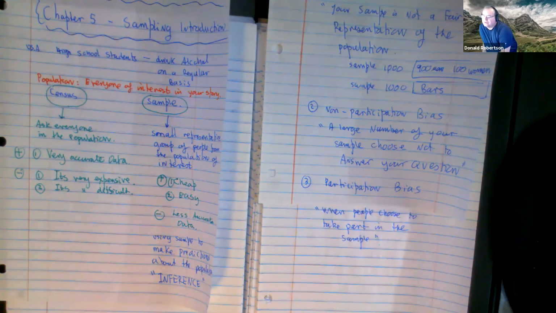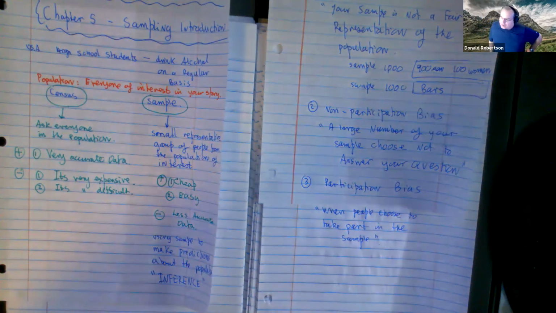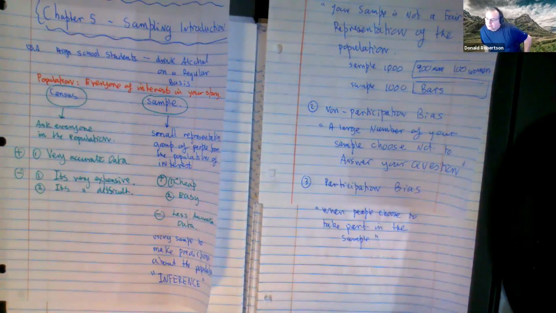They tend to be different in the sense that in many cases, they're much more in favor or against whatever it is. Whereas maybe a lot of the population, I'm not too bothered one way or the other, or I'm slightly in favor of it, but I'm not going to go through all the trouble of phoning you to tell you, right? So you don't get a good representative grouping when you do participation bias situations.